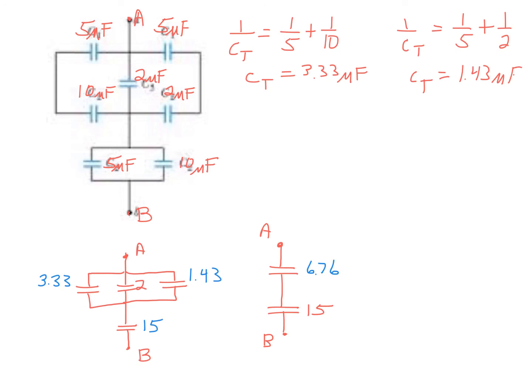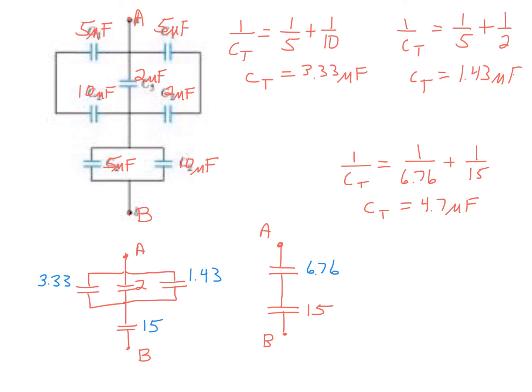Now we have an obvious series situation, and all you do is, once again, the 1 over C total rule for series: 1 over C total equals 1 over 6.76 plus 1 over 15, and you end up with C total equals 4.7 microfarads if you put the units back in there.